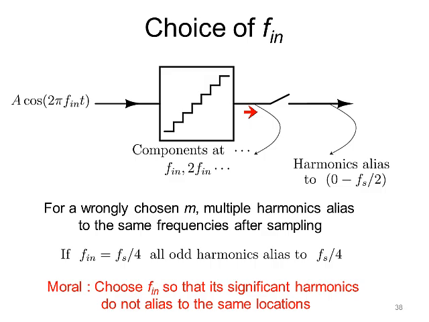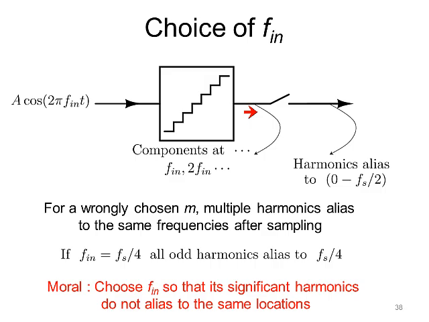Thus, if you don't judiciously choose the input frequency, then many harmonics can alias on to the same bins and therefore make it appear as if there's no distortion. For the specific case of Fin being 1/4 Fs, it's easy to see that all odd harmonics of the input frequency will alias to Fs by 4.